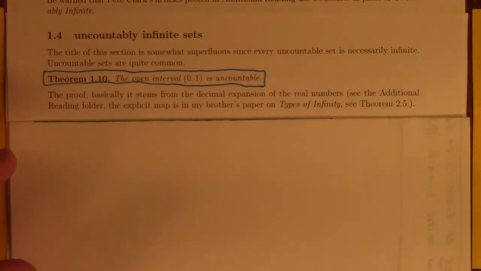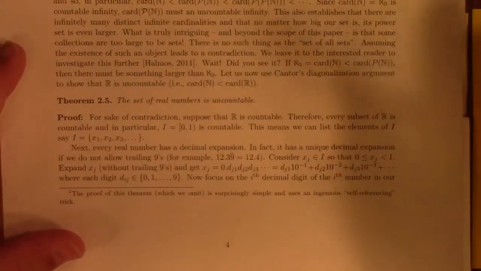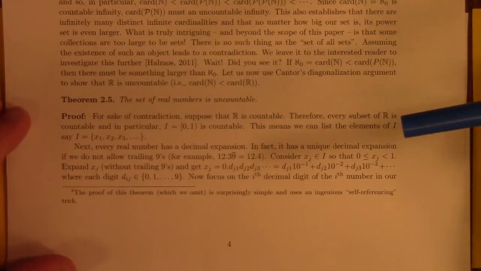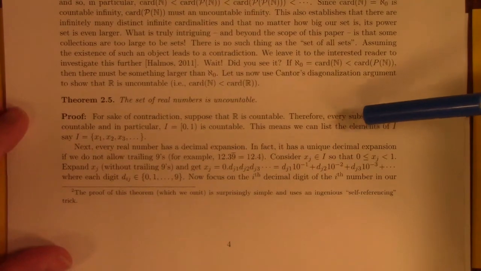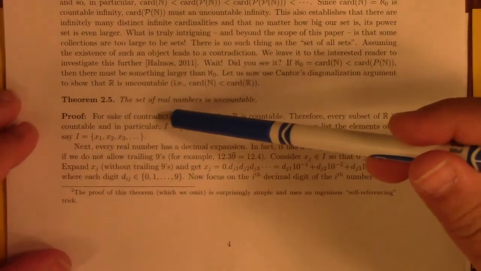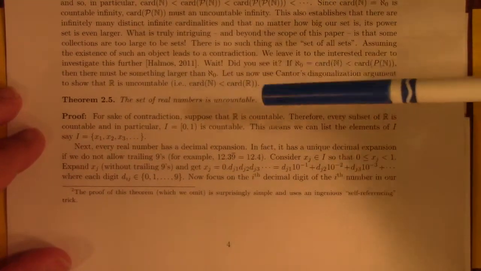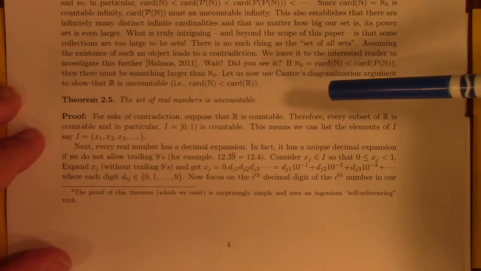Again, this is from my brother's paper on types of infinity, with Mike Basset. The set of real numbers is uncountable. So I guess they just pick on the interval from 0 to 1, 0 included, to 1. And I think this is a proof by contradiction.